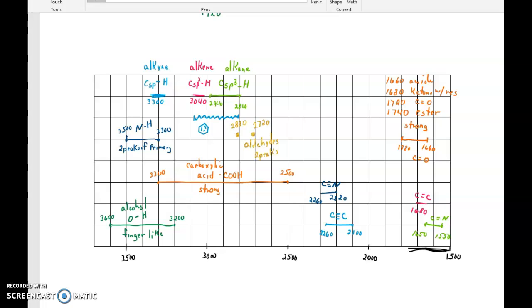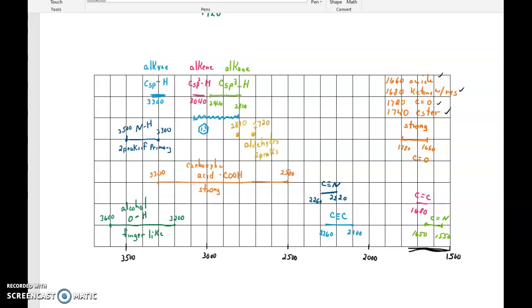In addition, we've got how the carbon-oxygen double bond moves, if it's an amide, a ketone, just a ketone without resonance, or an ester. And this is going to be a strong absorption. A little bit to the right, above 2,000, we've got our two triple bonds, carbon-carbon and carbon-nitrogen.